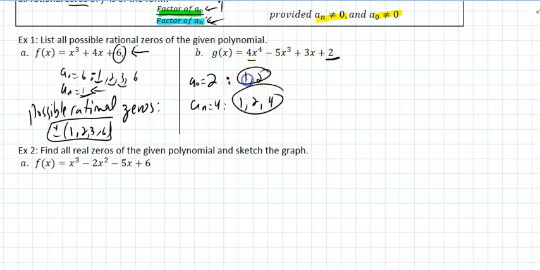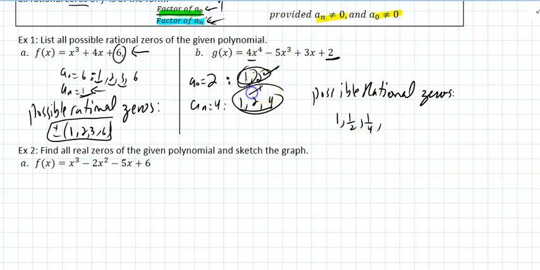So the possible rational zeros would be 1 divided by each of those: 1 divided by 1 is 1, 1 divided by 2 is a half, 1 divided by 4 is 1/4.